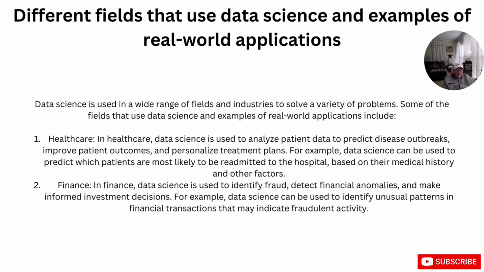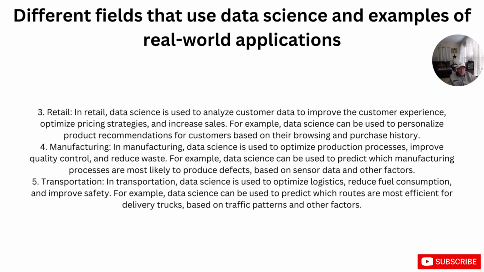Number 2, finance. In finance, data science is used to identify fraud, detect financial anomalies, and make informed investment decisions. For example, data science can be used to identify unusual patterns in financial transactions that may indicate fraudulent activity. Number 3, retail.